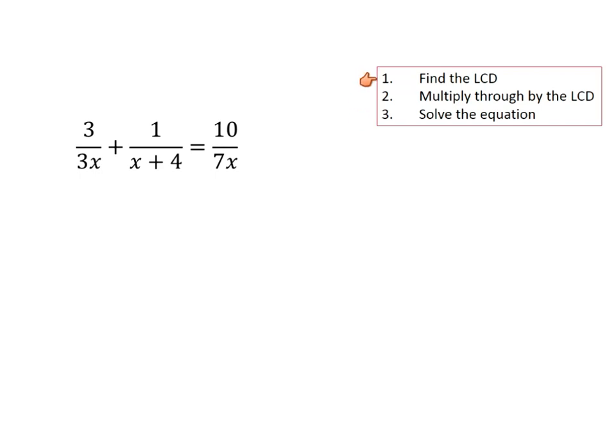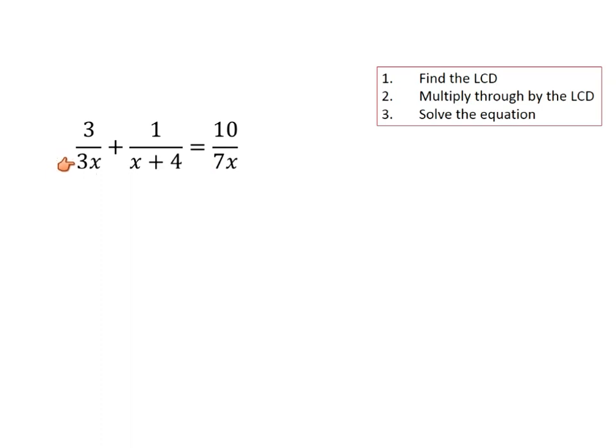We're going to start by finding the LCD. In order to be a least common denominator, that means that each of the denominators that I see here can divide into it. So, something that you first learn to do when you're doing common denominators is just multiply everything together. But if I were to multiply everything together, I would have 3x times 7x would give me 21x squared.